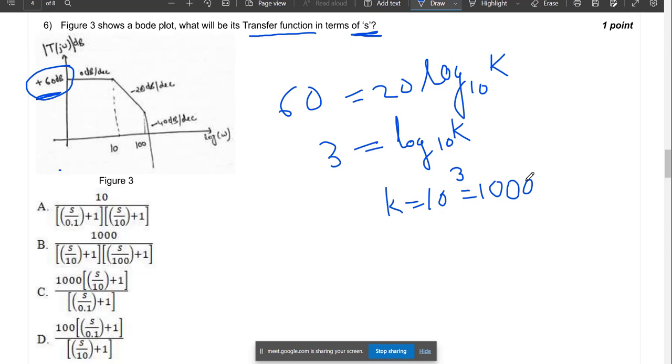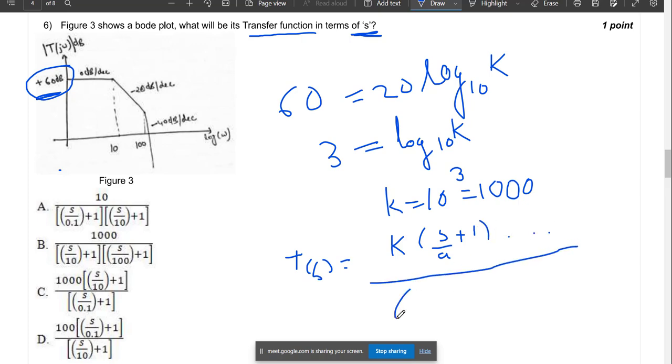Any transfer function can be written in terms of k, as k times (S by A1 plus 1) dot dot, over (S by P1 plus 1)(S by P2 plus 1), and so on. The first thing you notice in a Bode plot, to solve any kind of question, is the value on the y axis where the Bode plot cuts it.